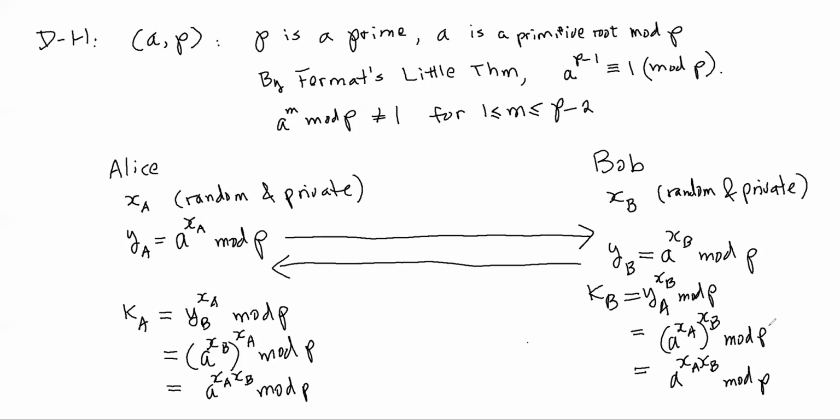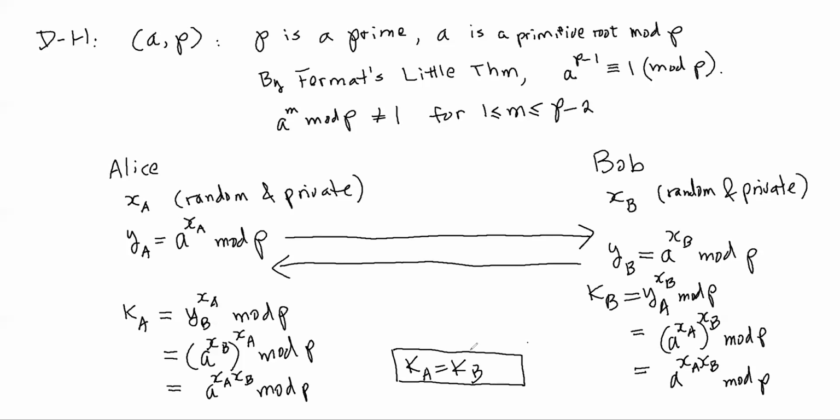Of course, we can see that after this is done, both sides have a common secret key, KA for Alice, KB for Bob, and they are identical.